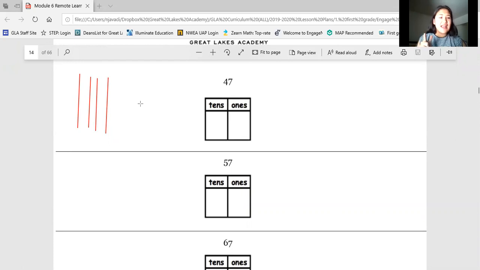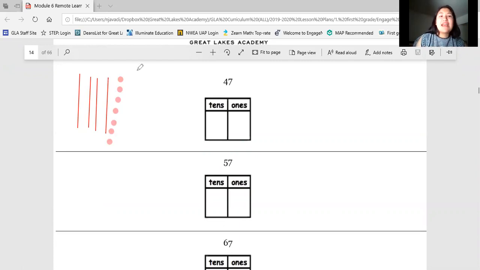Say it. That's right, because 4 tens is equal to 40, which is this number right here. Now I need to draw my ones. I'm going to draw 7 ones because that is what we have. So count with me. 1, 2, 3, 4, 5, 6, 7.